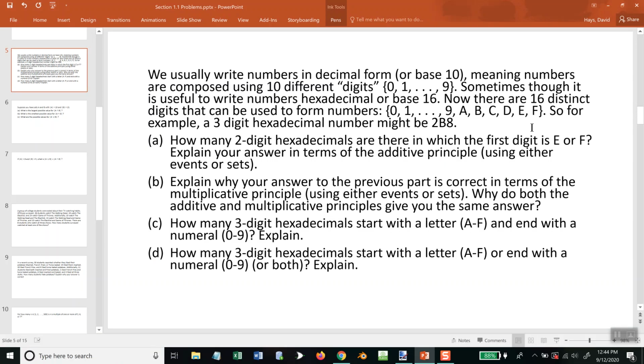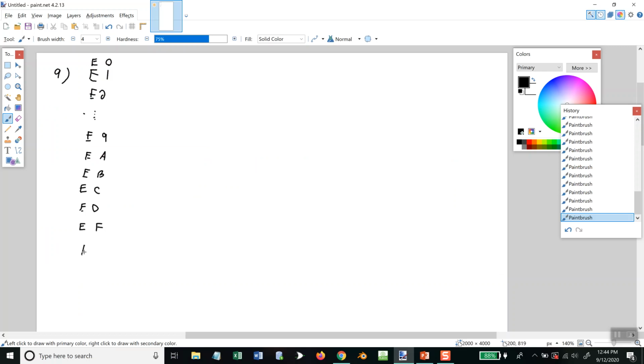Because again, these go 0 to 9 and then through F. Well, there's a total of 16 there, because it's based upon the second digit, and it goes from 0 to 9 and then A through F. Remember, that's 16 possibilities.